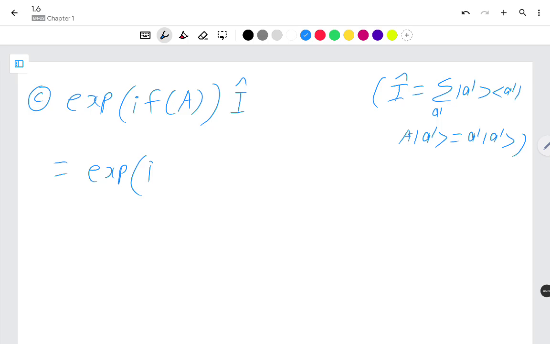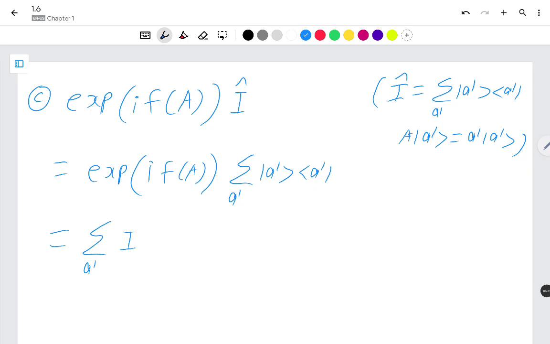Exponential i of a. If I want to expand this exponential part, what will I have?